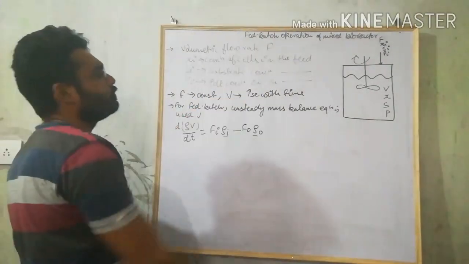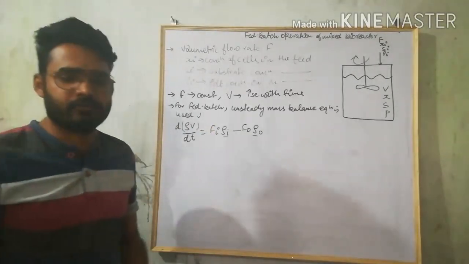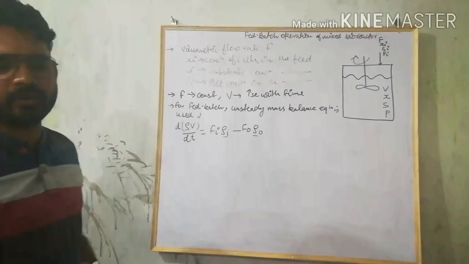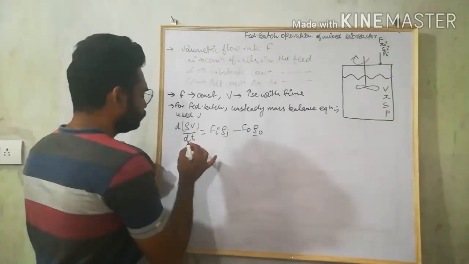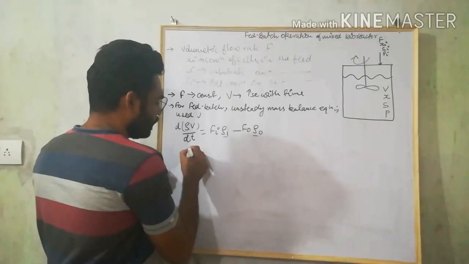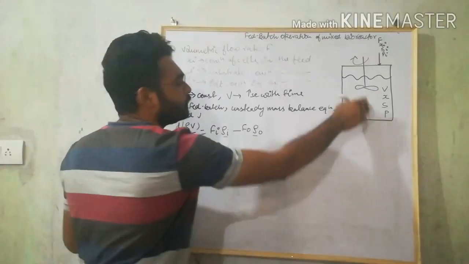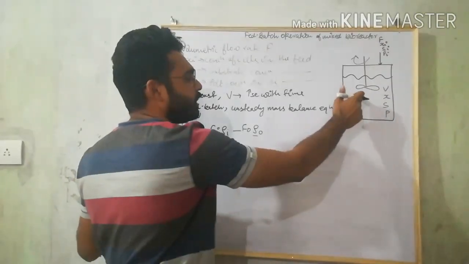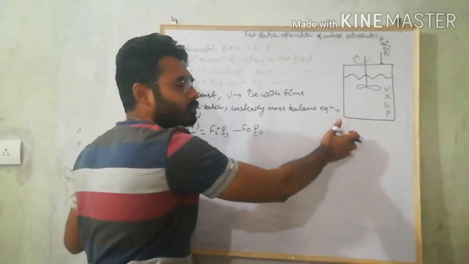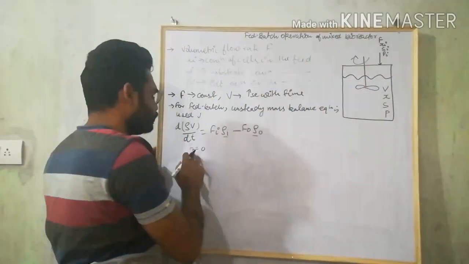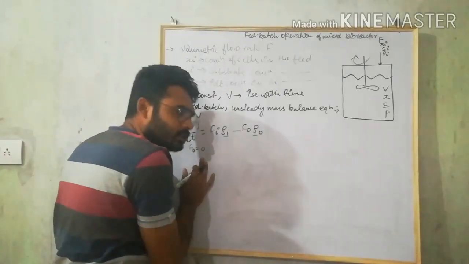Now just see the flow sheet. What is visible over there from the flow sheet? It is very clear that Fo equals 0. Why? Is there any output stream? No. No output stream is there, only an input stream. So obviously Fo equals 0, right?